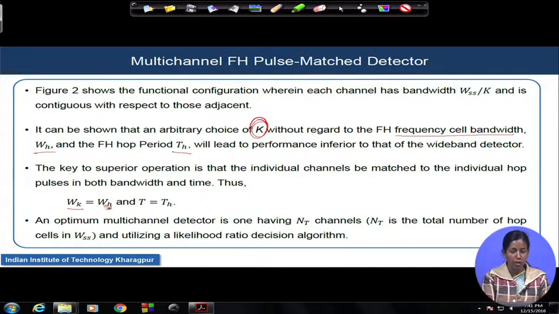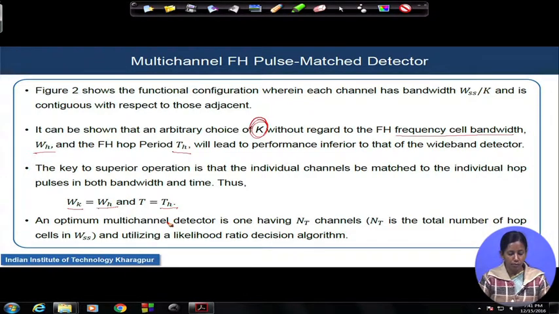The best or ideal option is to choose it according to the signal hopping bandwidth, and in the time domain it should also be matched, so that the integration time of these independent detectors is matched with the hop duration.